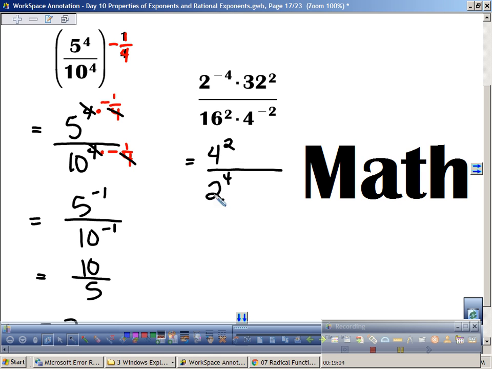Since I have a 2 here, why can't we make everybody 2? Isn't 32 really 2 to the 5th? But I have 2 of those. And down here, what's 16? 16 is 2 to the what? 2 to the 4th, and how many of those do I have? 2 of those. Does that help?